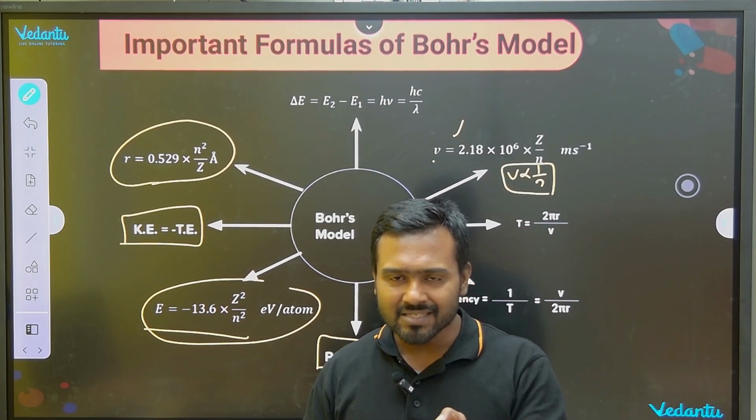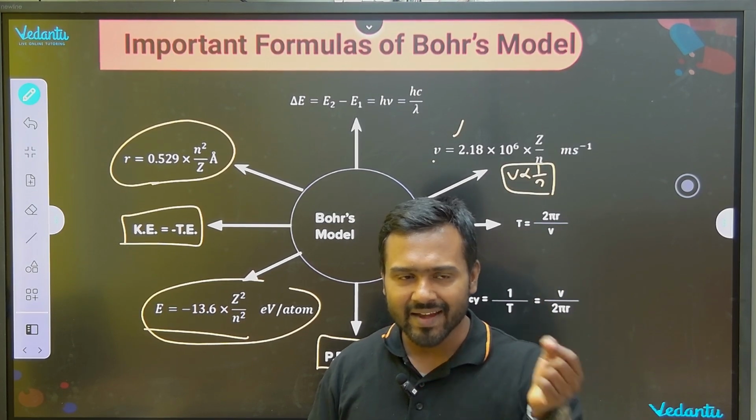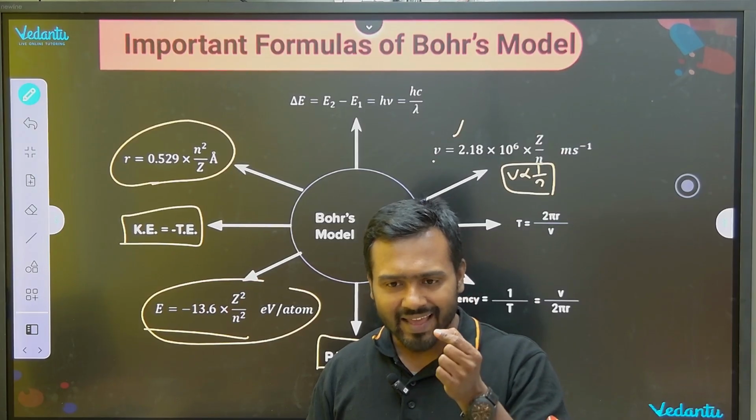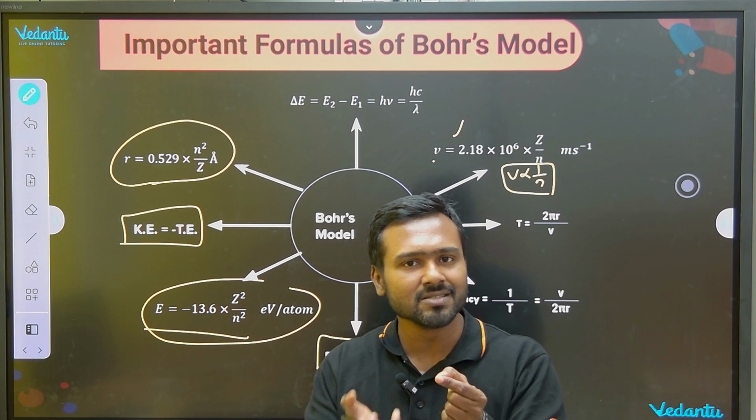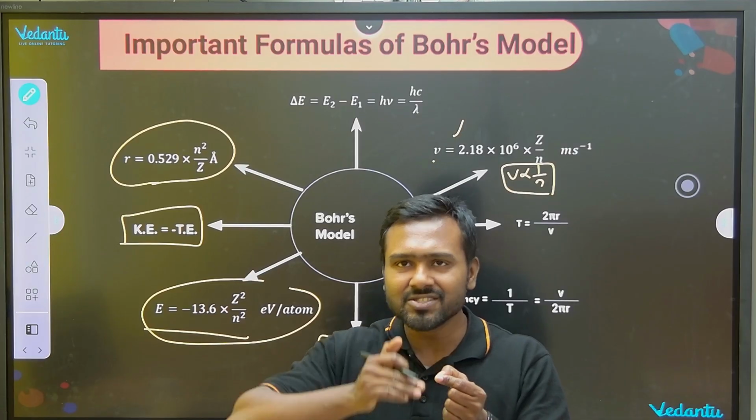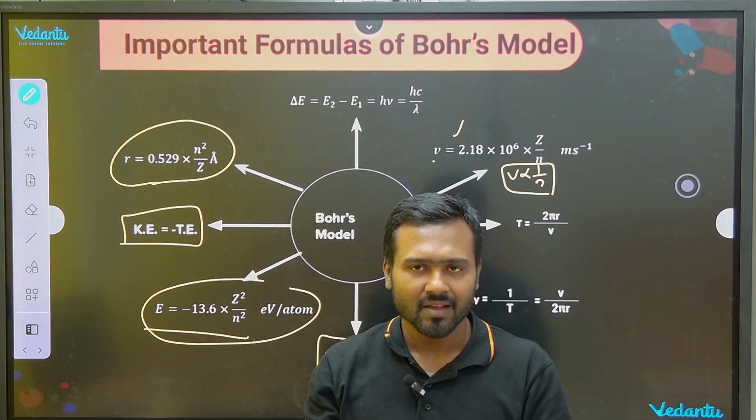When you insert the salt with concentrated HCl, the electron gains energy from the Bunsen burner and jumps to the higher levels. It absorbs some amount of energy and goes to the higher levels.